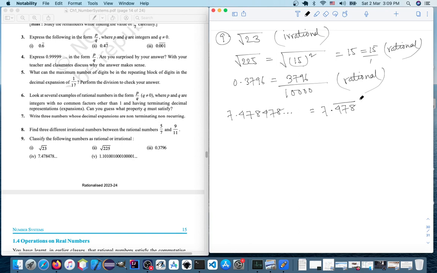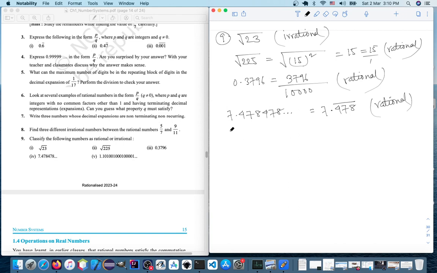So this is a non-terminating recurring decimal expansion and definitely it will be rational, since all rational numbers either have a terminating decimal or a non-terminating recurring decimal. In this given number, the decimal expansion is definitely non-terminating, but it has a pattern. The repeating block of digits over here is 478. So hence it is a rational number.